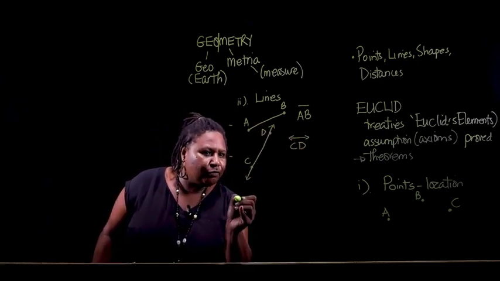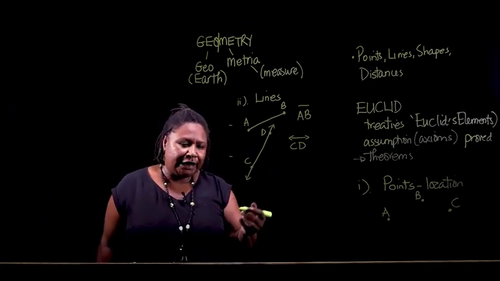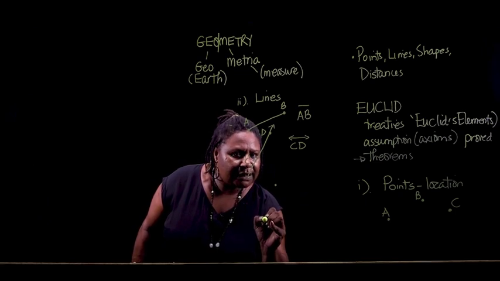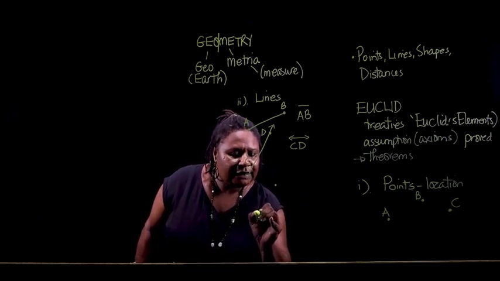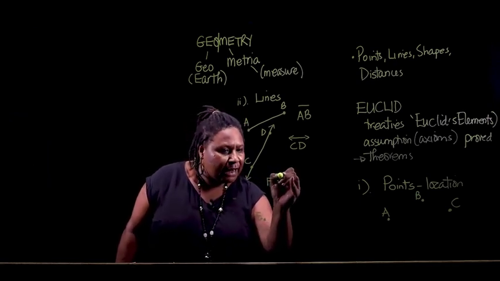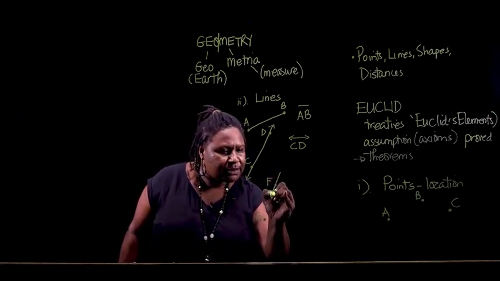The third type of line is known as a ray. So let's see 2 points again. This time we'll call this E and F. Another line connects these 2 points.